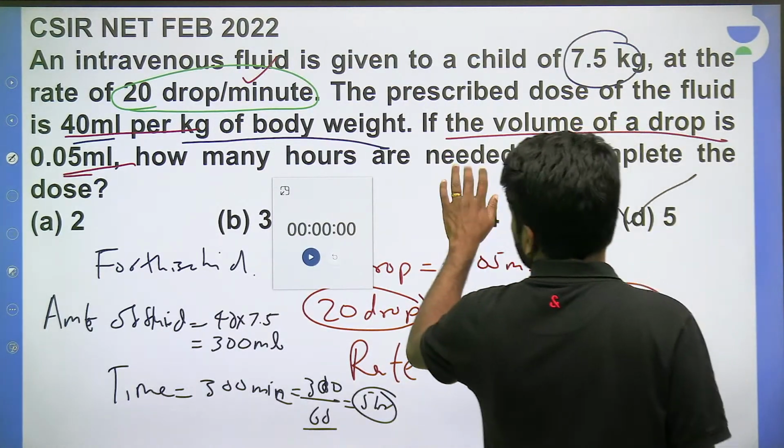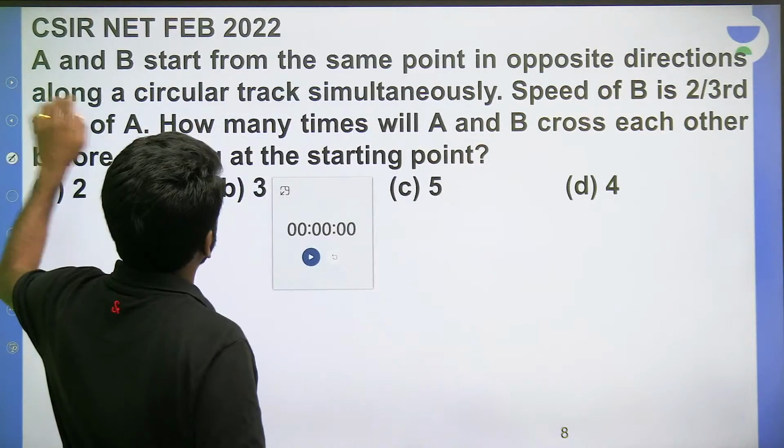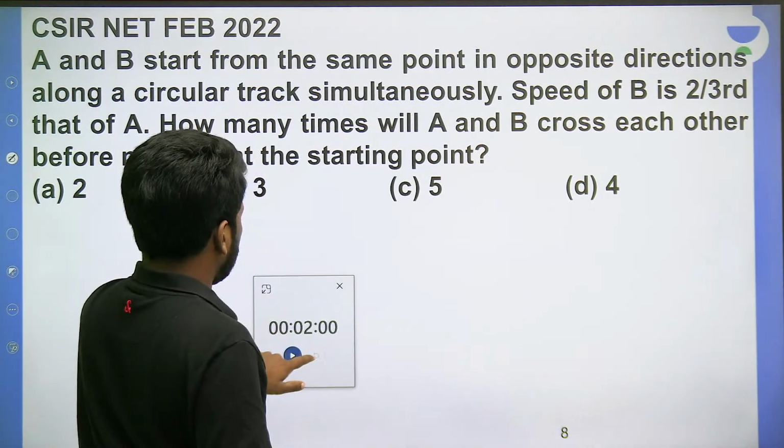That is a very good question. If that is clear, try the next question. This is also a very good question.